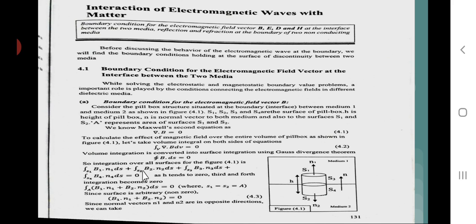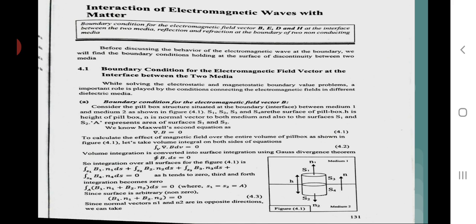Therefore, the integral of (B1 dot n1 plus B2 dot n2) dS is equal to 0, where S1 is equal to S2 is equal to A. Since the surface is arbitrary and non-zero, therefore B1 dot n1 plus B2 dot n2 is equal to 0.